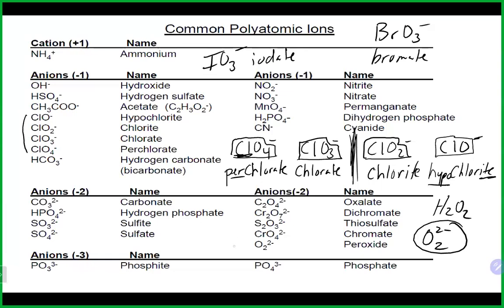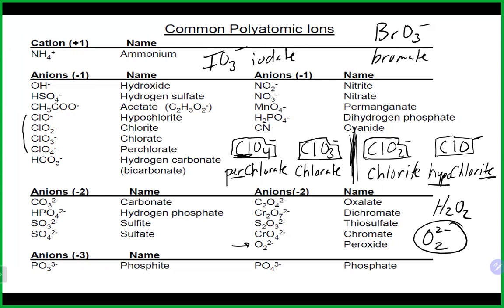I actually wrote it right next to it. So that's a polyatomic ion itself. And that's also why we need 2 hydrogens for it, because it has a -2 charge to balance it out. And like mercury too, the 2 stays there on the bottom as well. That's how you know it's peroxide and not just oxygen in a lot of cases.